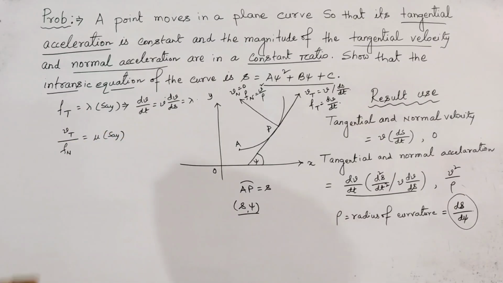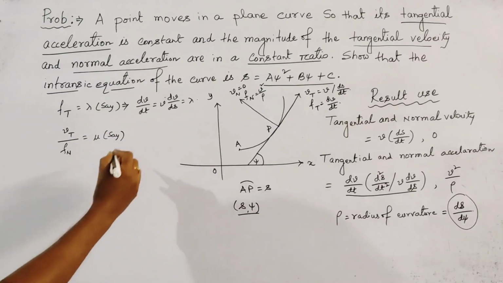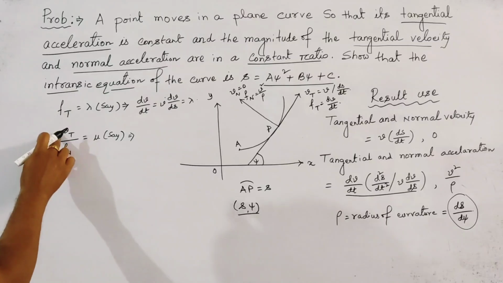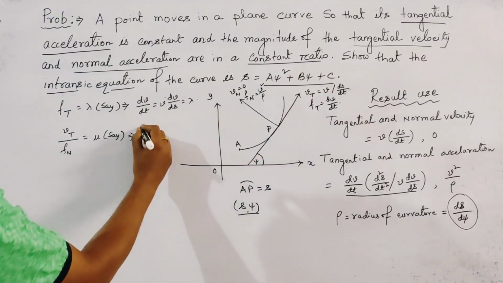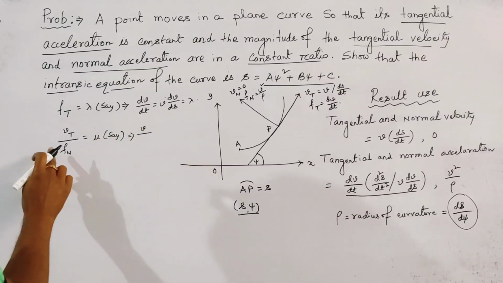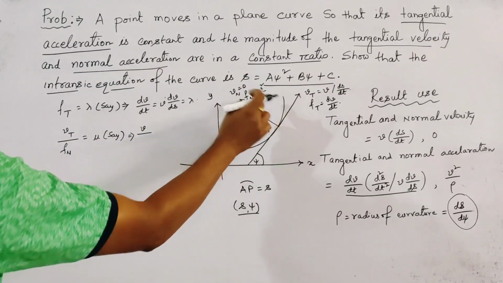We put the value of Vt, which is V, and Fn, which is V square by rho.